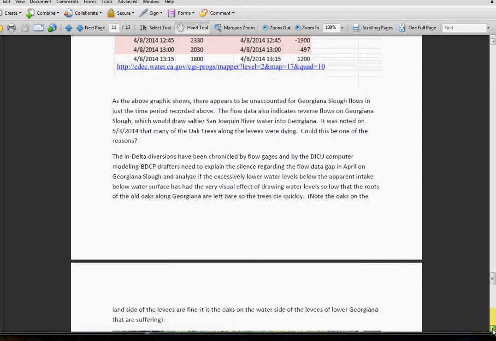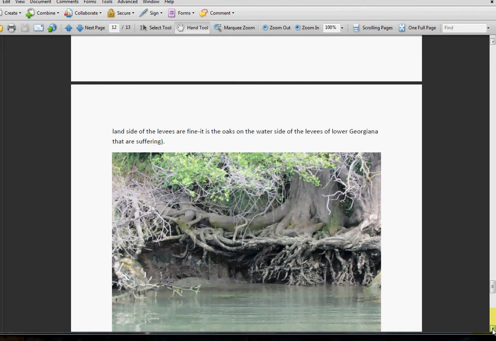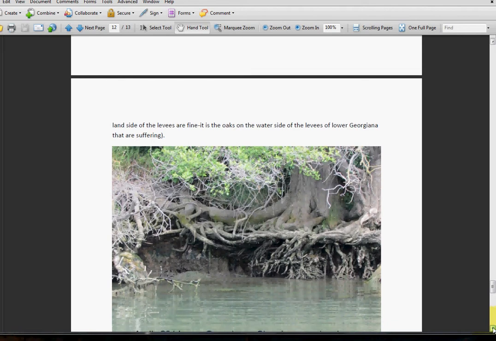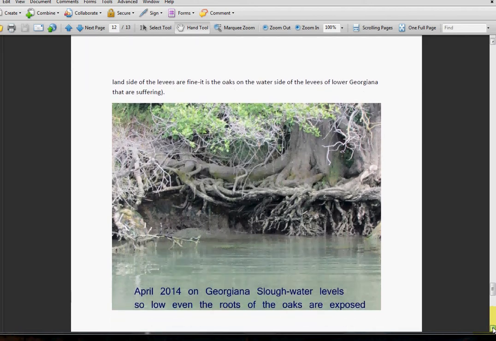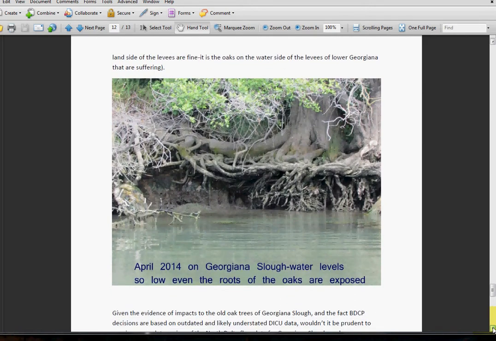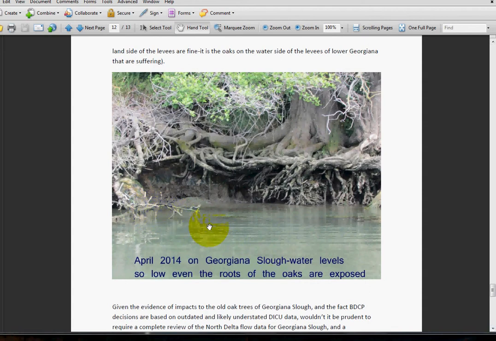So what happens to Georgiana when this kind of stuff goes on? Below where probably the water was being drawn out very quickly, you will find a very striking line where you've got dying oaks along the waterway, and you will see that the water on Georgiana is lower at times in April, and actually we saw it in May also, where the water is now below even the roots of the oak trees, and the oaks are dying.